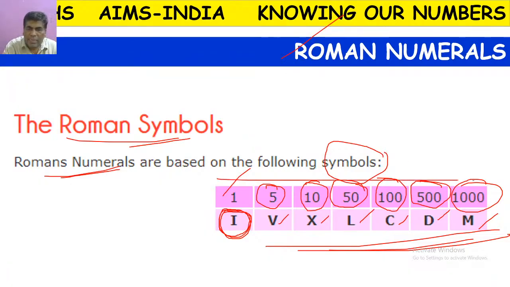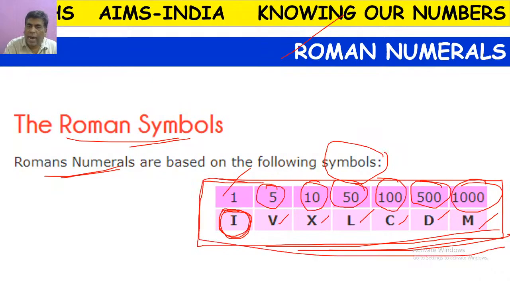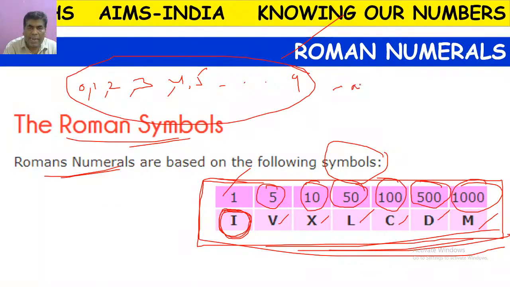Based on these symbols, they will write all kinds of other numbers. Actually, in our Hindu-Arabic number system, we have 10 digits, 0, 1, 2, 3, up to 9. With these 10 digits, we can write any number.